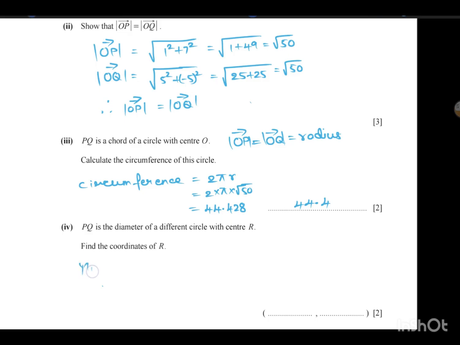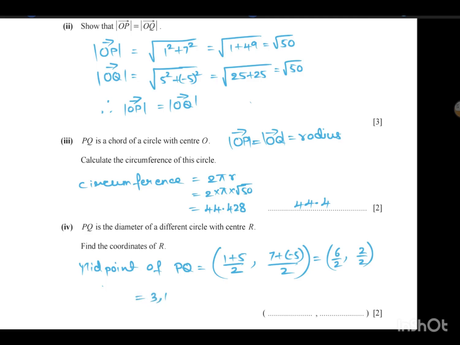Midpoint of PQ is found by (1 plus 5) by 2 and (7 plus minus 5) by 2. 1 plus 5 is 6, 6 by 2, and 7 minus 5 is 2, 2 by 2. We get 3 and 1. So the answer is (3, 1).